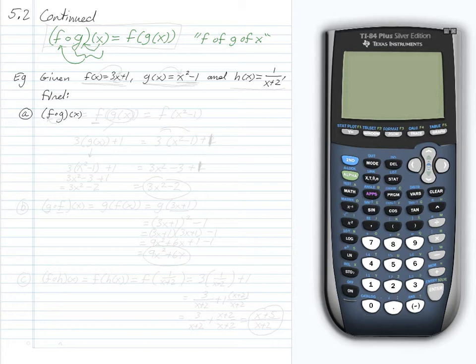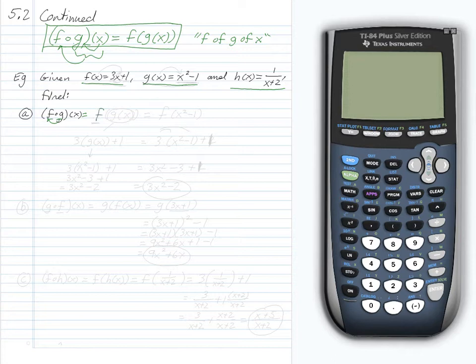Alright, so here we'll see a couple of different ways that we can use this. Here we've got three functions, f of x, g of x, and h of x. And first we're going to look at how this composition f of g of x will look. Well, remember the definition up here says we're going to take the second function and plug it into the first function.